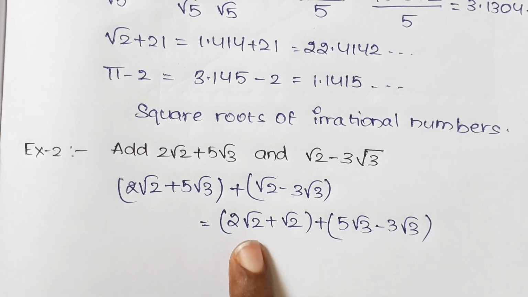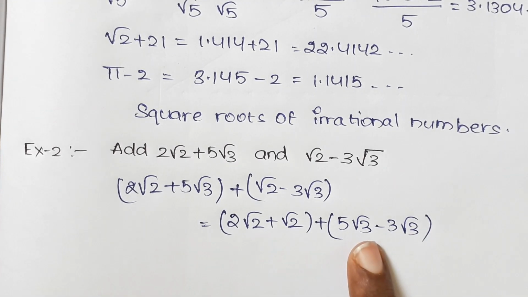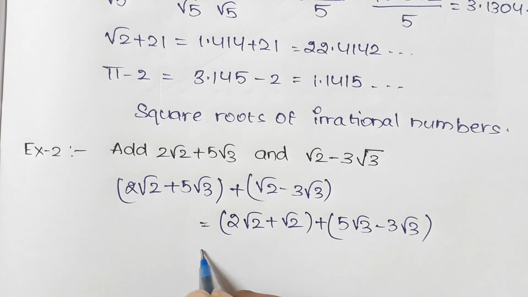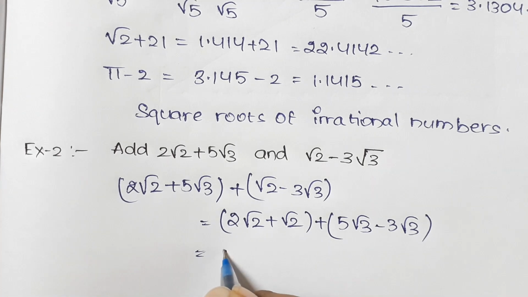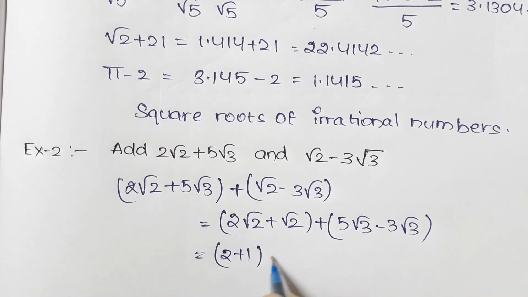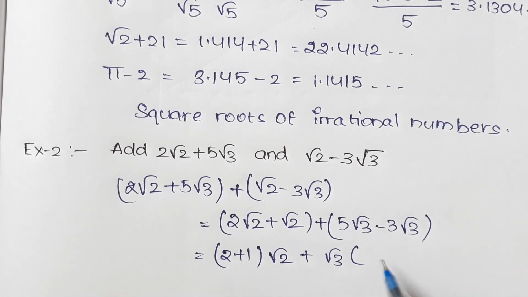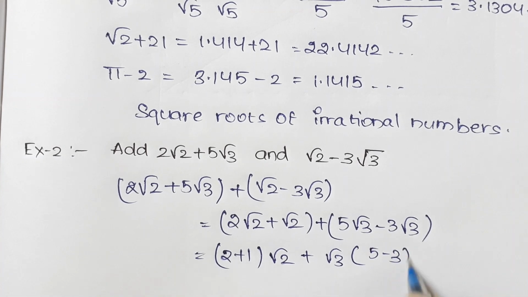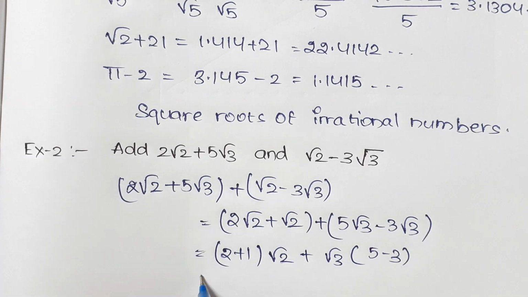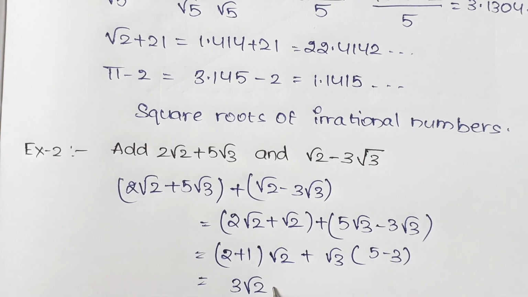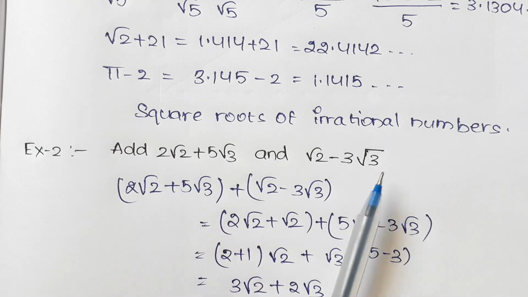Root 2 terms in one bracket and root 3 terms in another. Now let us take the common factors: (2 plus 1) into root 2 plus (5 minus 3) into root 3, that equals 3 root 2 plus 2 root 3. And this is the addition.